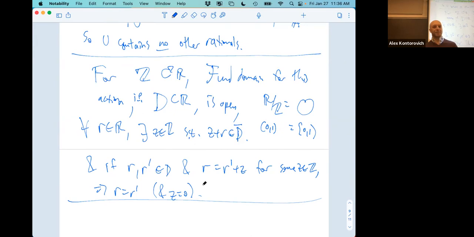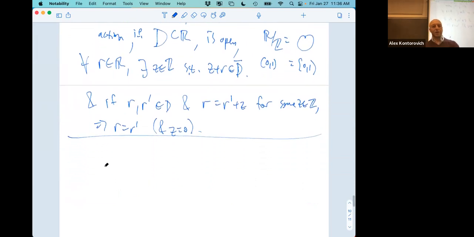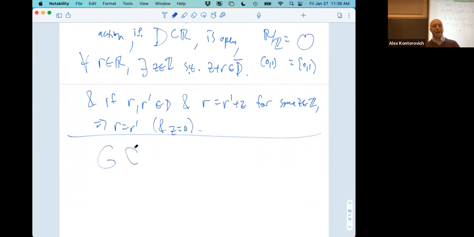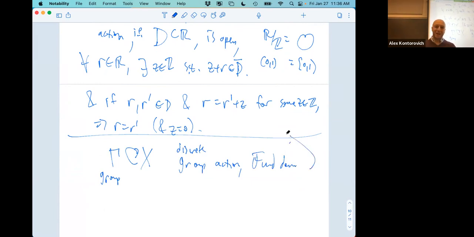You can't replace Z with just anything; for there to exist an open domain, the action has to be discrete. So it's better to write gamma in that case. If I have a group gamma with a discrete group action, then a fundamental domain is the same thing with Z replaced by gamma and R replaced by X.